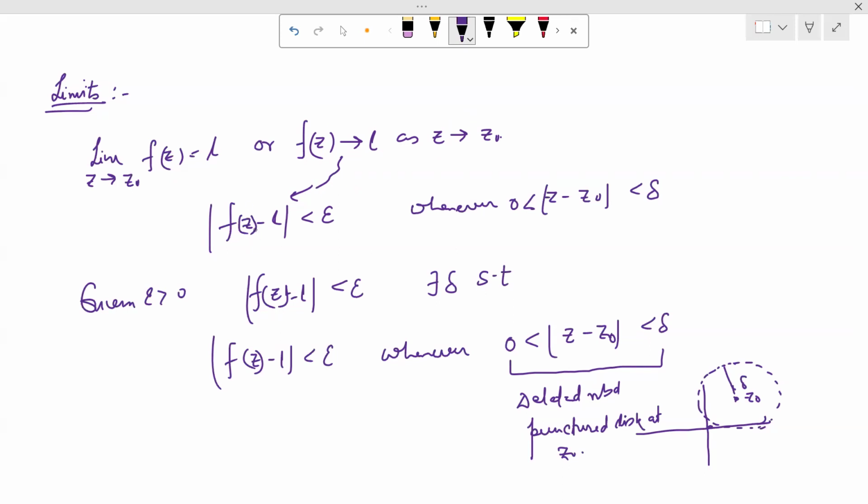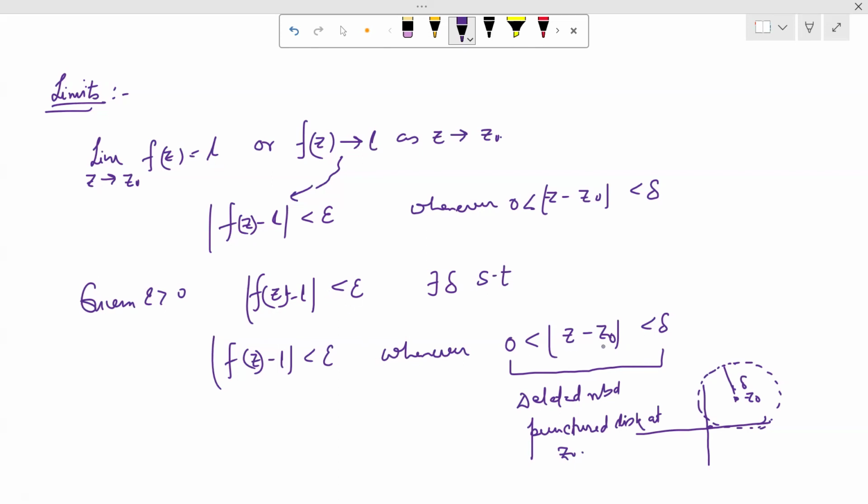So you need to give me something. If you tell me the distance between f(z) and L can be made less than some epsilon, you give me some tolerance limit, let us say epsilon, and I am in a position to give you a delta such that whenever |z - z0| is less than delta, then |f(z) - L| is less than epsilon.